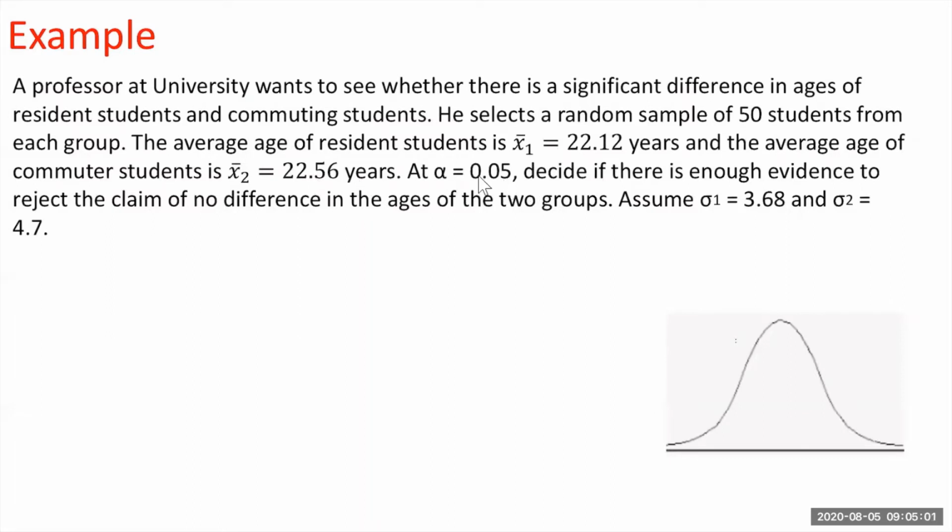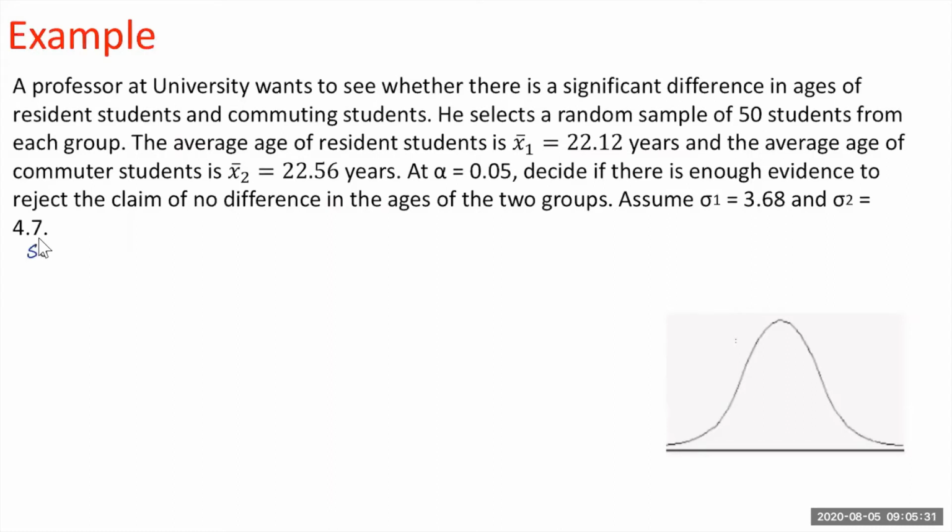At alpha equal to 0.05 or 5% significance level, decide if there is enough evidence to reject the claim. We want to reject the claim of no difference in age of the two groups. Assume that the population standard deviation for the first one is 3.68 and for the second one is 4.7. Okay, let's begin. There is a lot of information there, but first we are going to collect whatever is given.